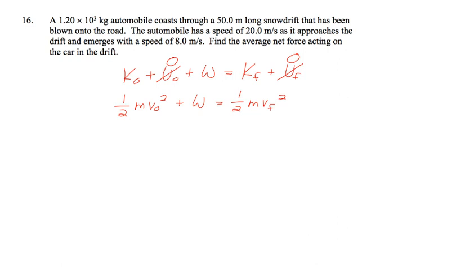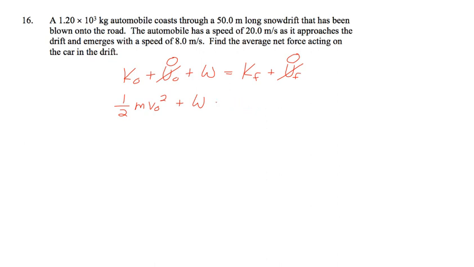And that should automatically give me the correct sign of W. If there's more energy here than there was there, then I'm going to get a positive work. If there's less energy here than there, I'm going to get a negative work. So, oops, I just told you what I wanted to do and I didn't do it.